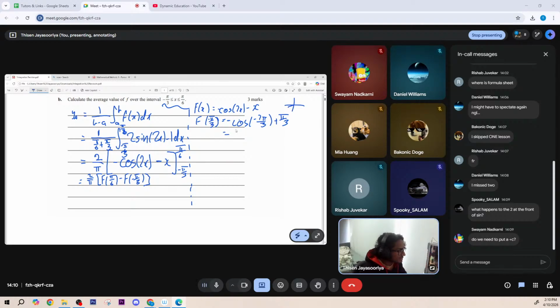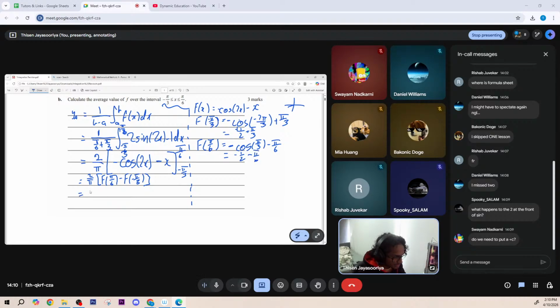So this is negative positive a half, because cos of negative 2 pi over 3 is negative a half, but there's a negative at the front, so it becomes positive, plus pi over 3. We also have f of pi over 6, which is just negative cos of pi over 3, take pi over 6, which is negative a half, take pi over 6.